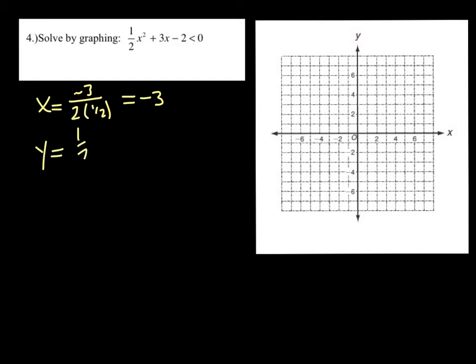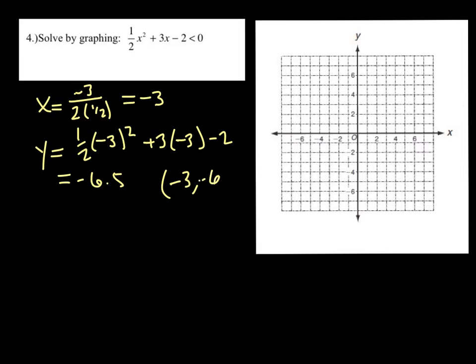So 1/2 times negative 3 squared plus 3 times negative 3 minus 2 equals, let's see, half of 9 is 4.5. Minus 9 is negative 4.5. Minus 2 is negative 6.5. So your vertex is negative 3, negative 6.5.